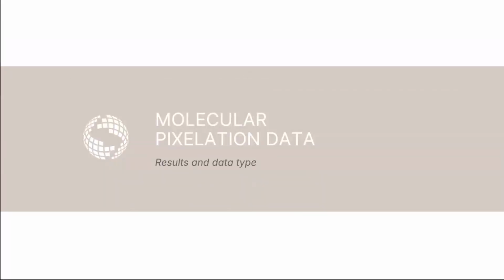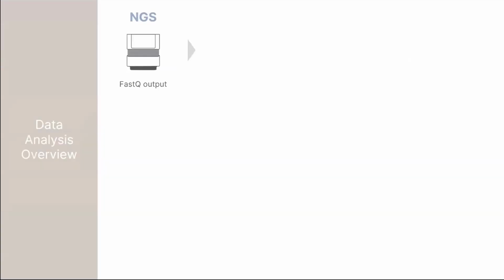Moving on then to the molecular pixelation data. What are the results that you can get with it, and what does the data type typically look like? As you saw in the former slide, the last step from the lab is the next generation sequencing, typically done with Illumina.